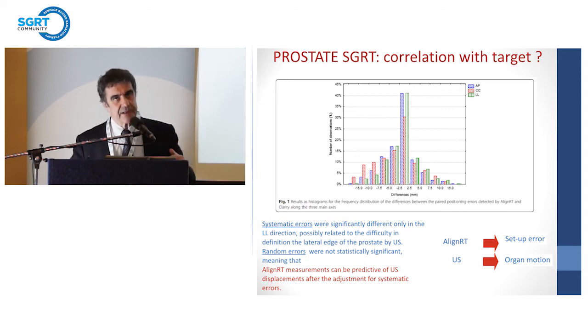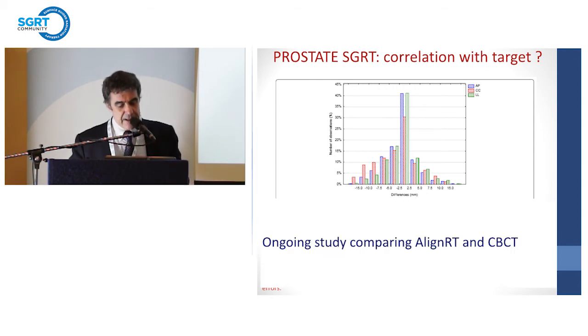In this sense, the ultrasound could be the method to detect the organ motion and to really monitor in the first session the organ motion to identify the systematic error, and then the patient could be followed by the surface matching images by AlignRT just to monitor the random error and correct in case of random error.